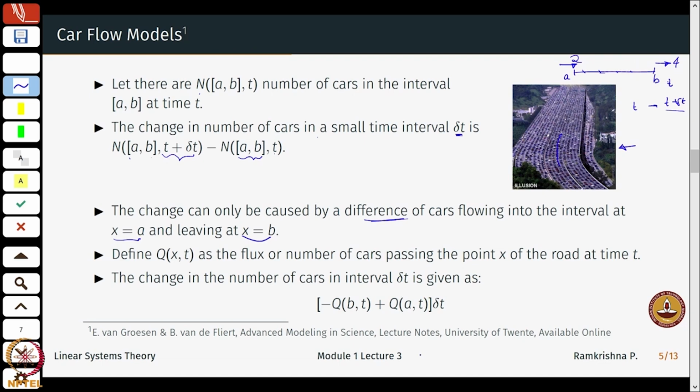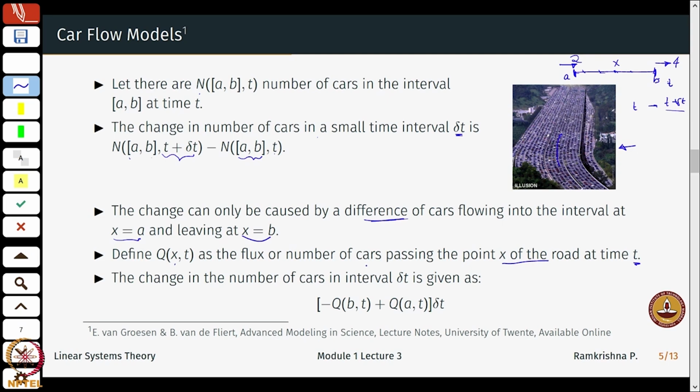So, now if I am standing at this point, say at a, and someone else is standing at this point b, I can measure the number of cars passing the point a at time t, and I call it the flux q of x comma t. I can do it for point b, and for any point between a and b, let us just generally call it x. So, the number of cars passing the point x at time t.